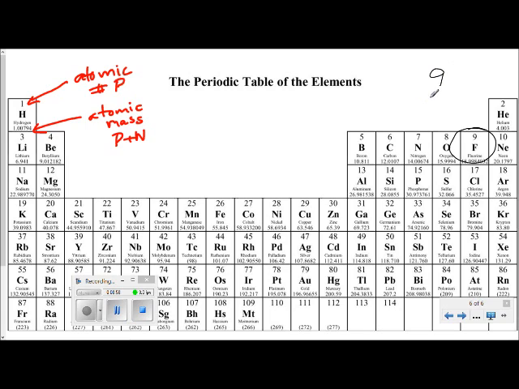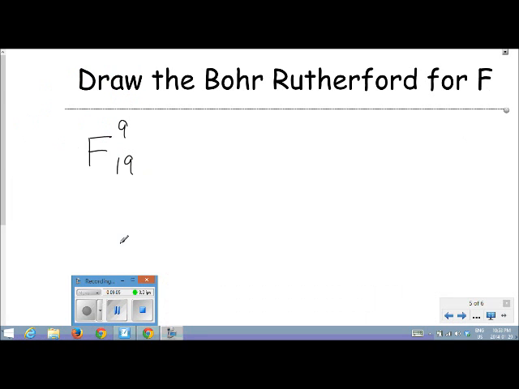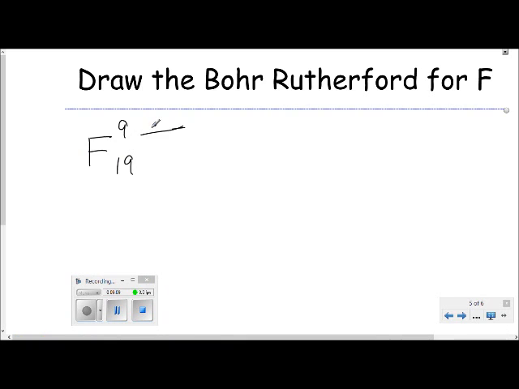Okay, and we round this all the time. The atomic mass number is 19. So here is our fluorine with the 9 and the 19. This is again my atomic number, which is representing my protons, and this is my atomic mass.